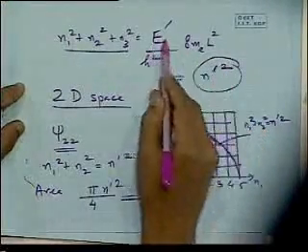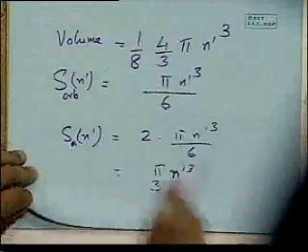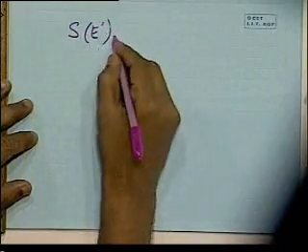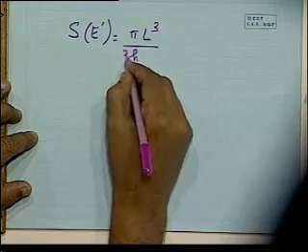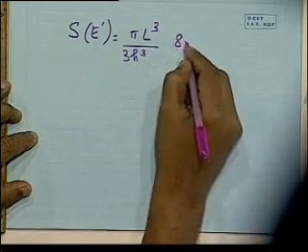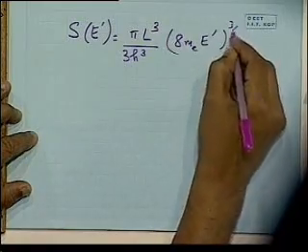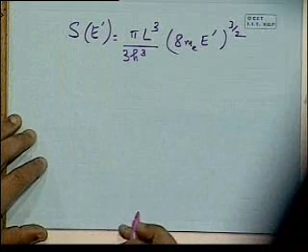N dash squared is equal to E dash by h squared by 8 m L squared. So I can make the substitution here and arrive at S in terms of E dash, which will simply be pi L cubed by 3h cubed, 8m E dash to the power 3 by 2. You can make that substitution simply for n dash from that previous equation.